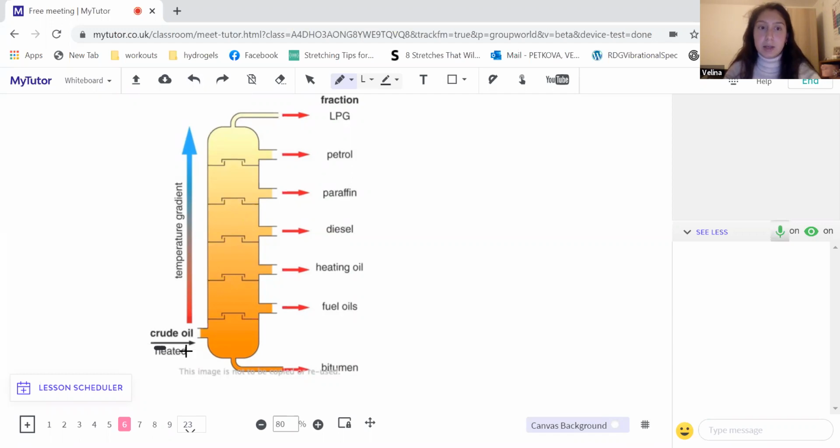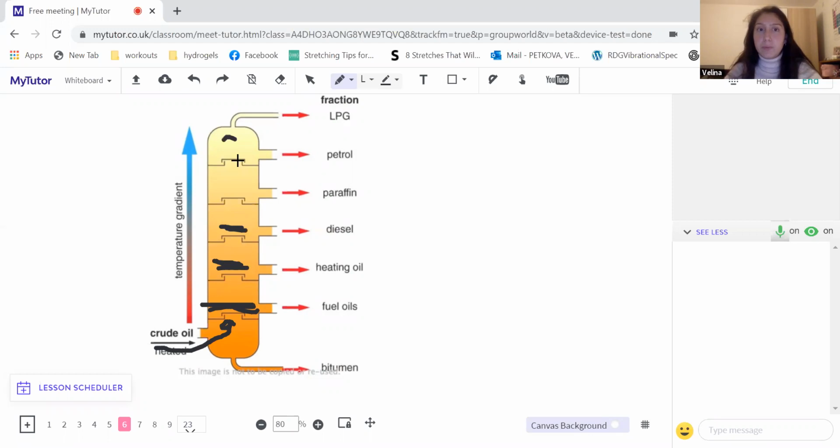So you put in the evaporated crude oil, the one with the highest boiling point condenses here, and you collect the liquid on this tray. Then the rest of the crude oil continues going up until it reaches its boiling point. The next one with the highest boiling point condenses here. The next one, which is diesel, will condense here.